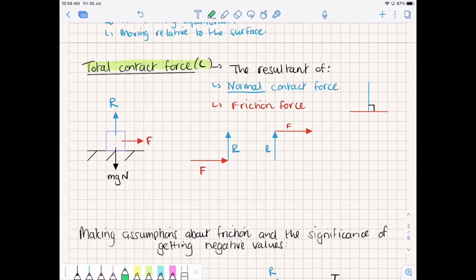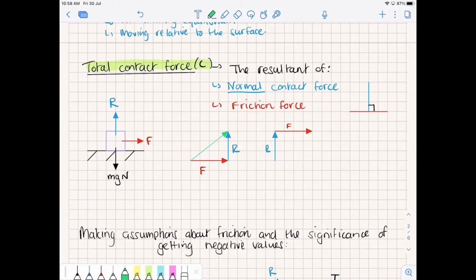So if I take my friction force and my normal contact force, we can join the vectors end to end, and we can find the resultant of that. And this resultant force is what we call the total contact force, the total amount of force that is generated by the surface that the object is resting on.